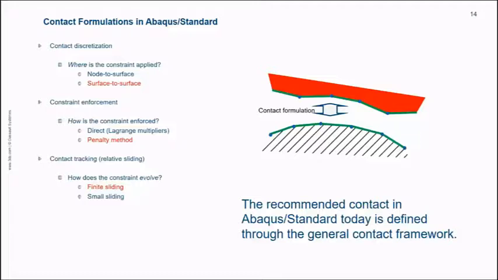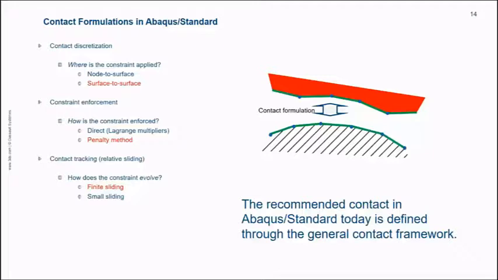And then we have contact tracking. How does the constraint evolve? Do we have algorithms that can track arbitrary relative motion between the surfaces, or are we using an algorithm which is really only useful in a limited situation where the surfaces come directly together more or less, and then do not slide around a lot relative to each other, where a lot is relative to how big the elements are on the contacting surfaces?